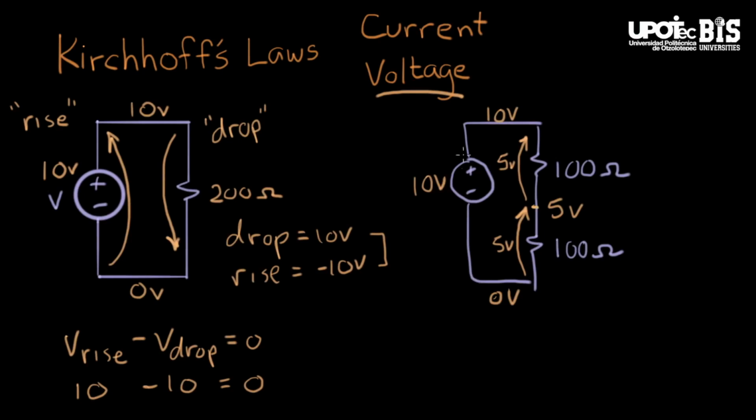We can write the sum of the rises and the falls just like we did before. We can say 10 volts minus 5 minus 5 equals 0. All right, so I can generalize this.